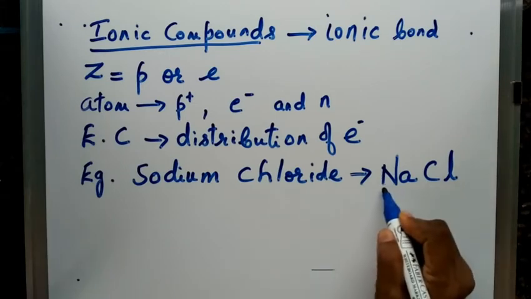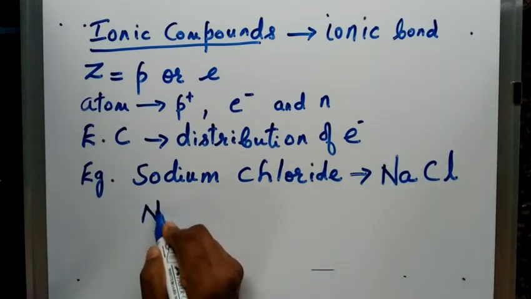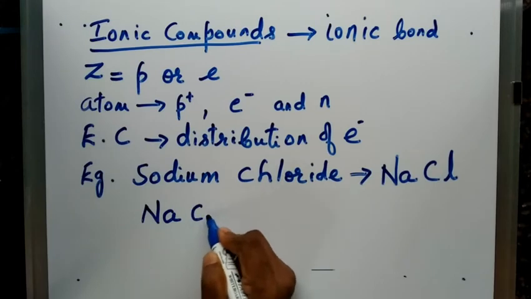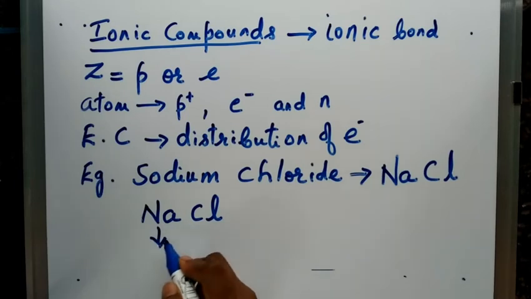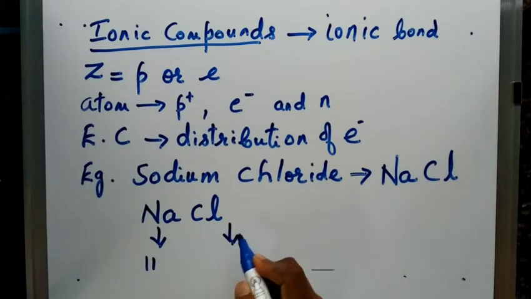Now, we will take the atomic number of sodium, that is 11, and atomic number of chlorine, that is 17.